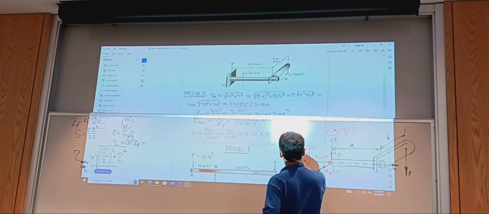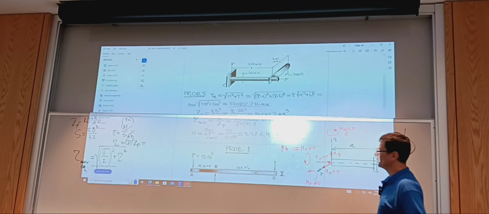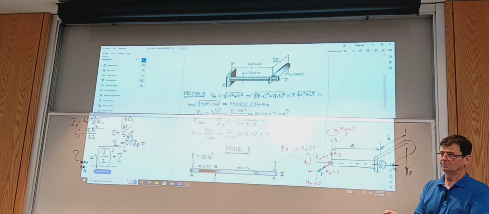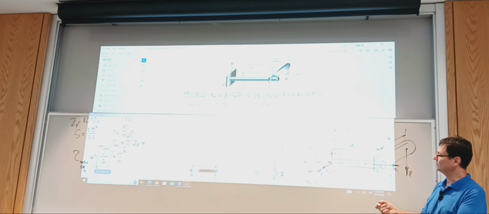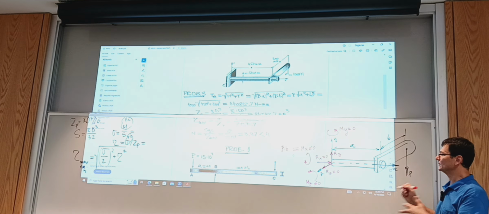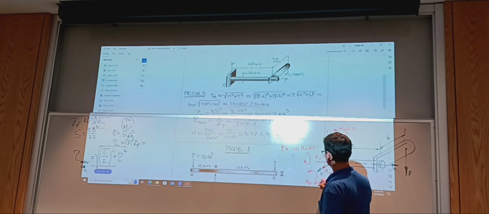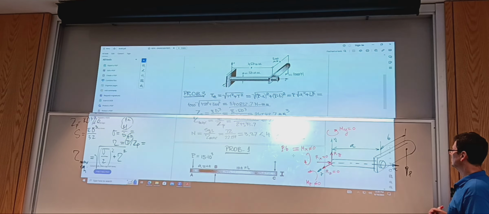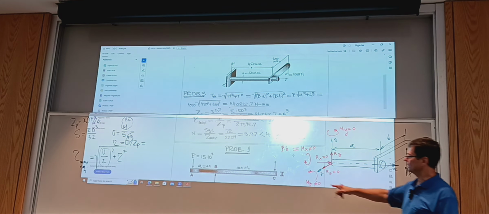And then as for this one, which is also non-zero, what is this equal to? You can sum moments and validate the orientation. If it ends up negative, you need to flip it. So what is this?